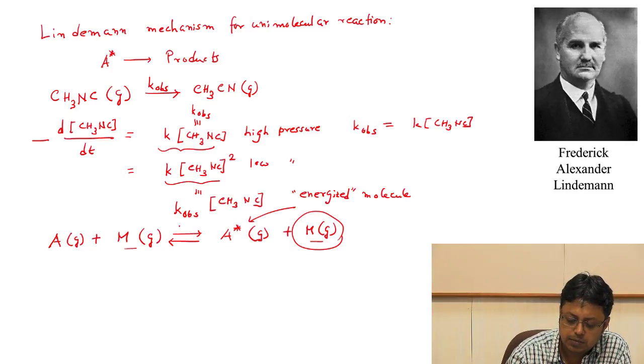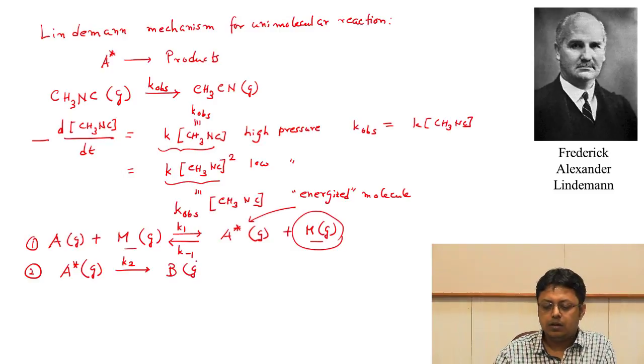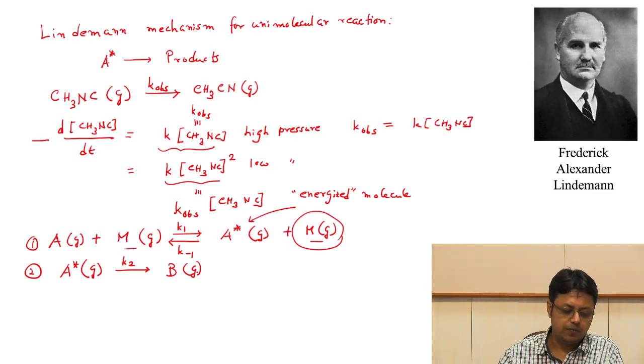There's a first equilibrium for step 1, and in step 2, this energized molecule gives you the product with some rate constant. Suppose I'm just writing it as B. We already told you the rate equation for this kind of reaction, and we can use the steady state approximation for A star and easily solve it.